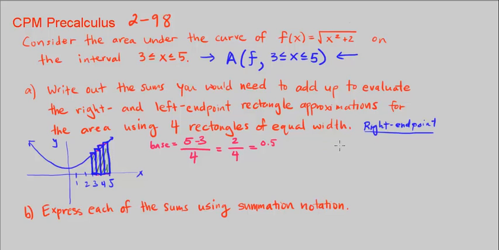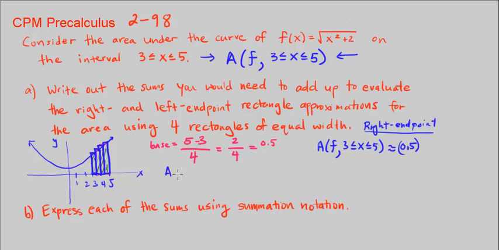Using that, my area bounded by f in the region 3 to 5, using 4 rectangles, is approximately: my first rectangle has base 0.5, so it's 0.5 times the height.